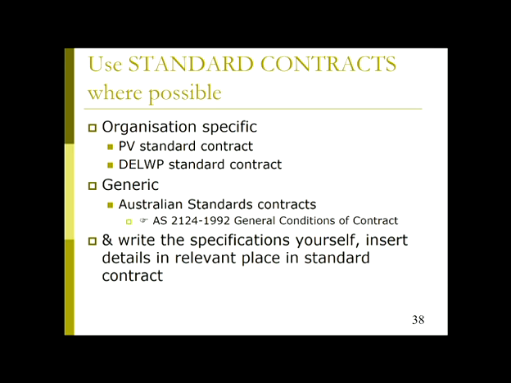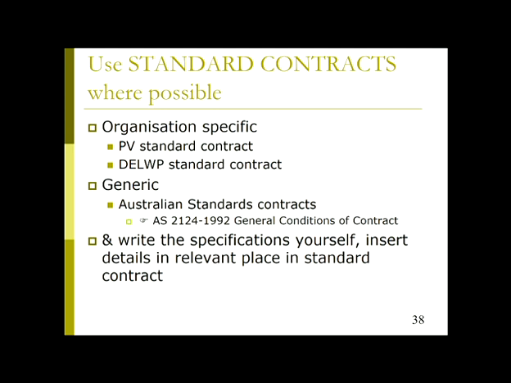You can also buy or have access to generic standards through this Australian standard, General Conditions of Contract. There are generic pro forma contracts that you can buy and use, tailoring them for your application. Or you can go with writing the specifications yourself.